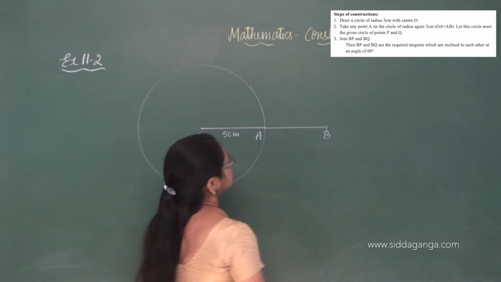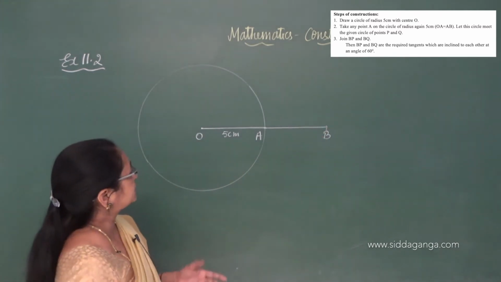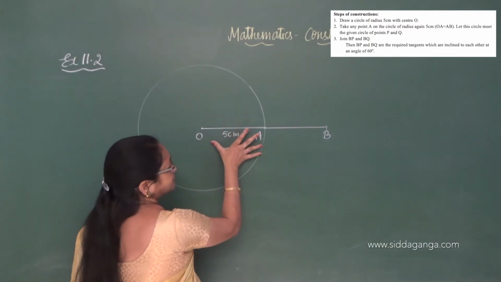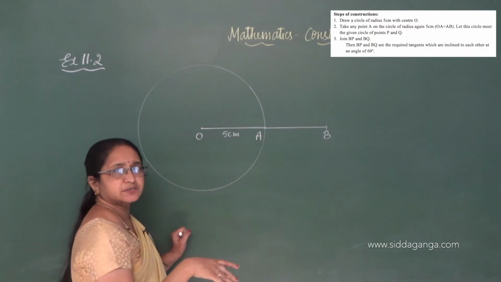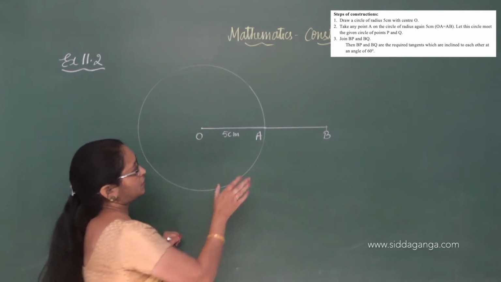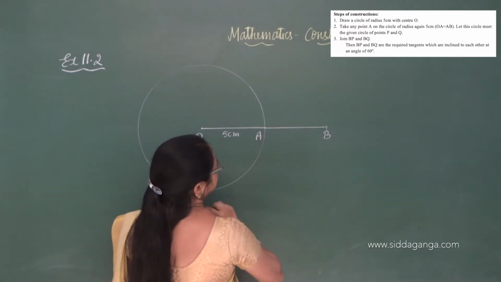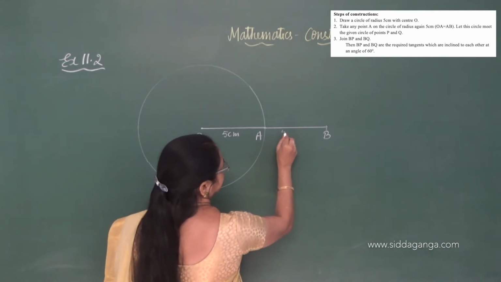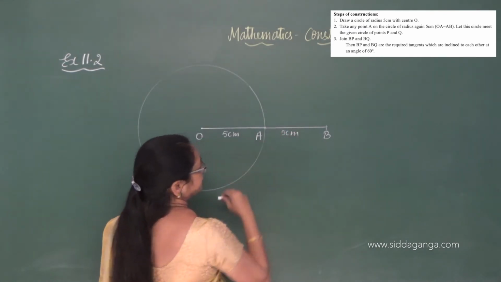I'll give this name as B. What I did, I took OA, the radius of the circle, that is 5 centimeter, and drew the circle. Now AB is also 5 centimeter. Same measurement I took now.